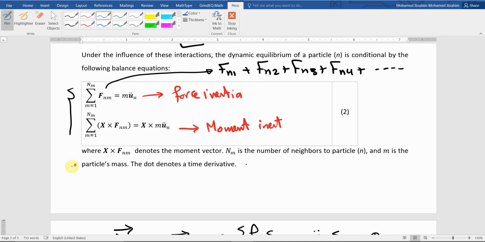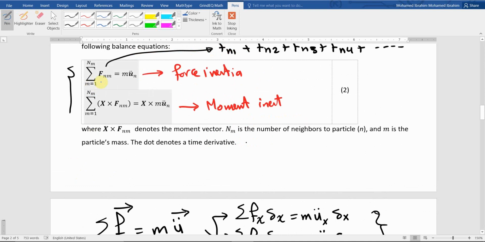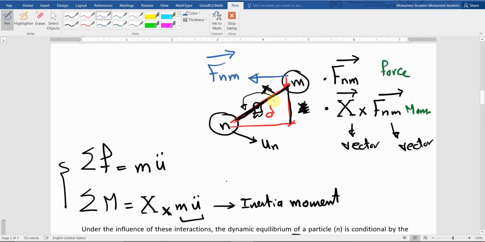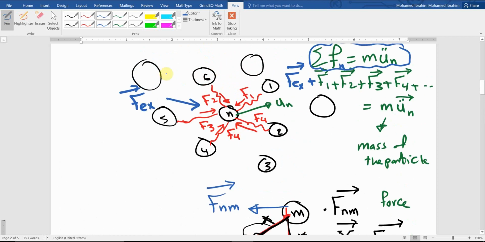The key idea you should understand is that these forces I'm presenting here, F and x cross F, this force F is the interparticle force. These are the forces generated between two particles. But in addition to these, we may have some external force.